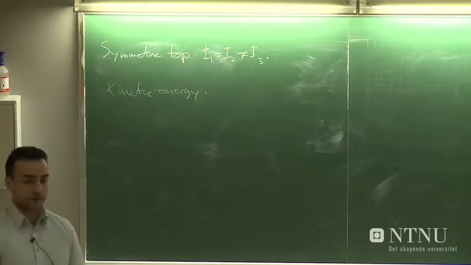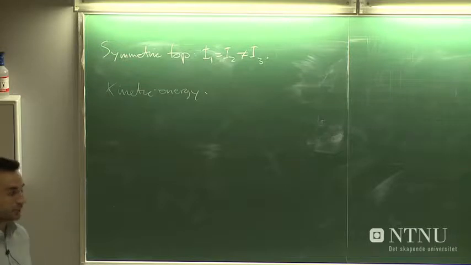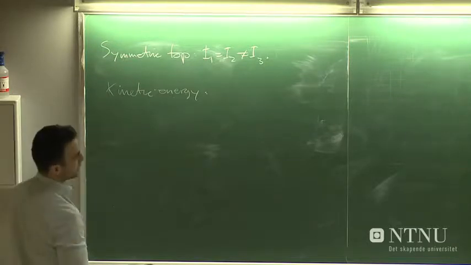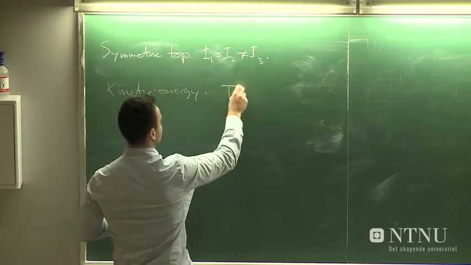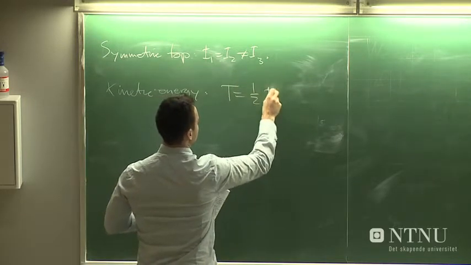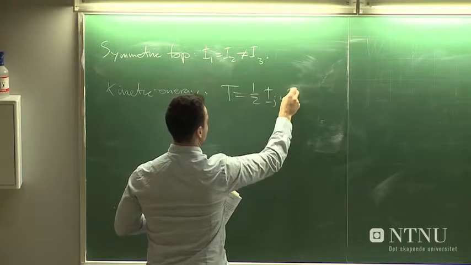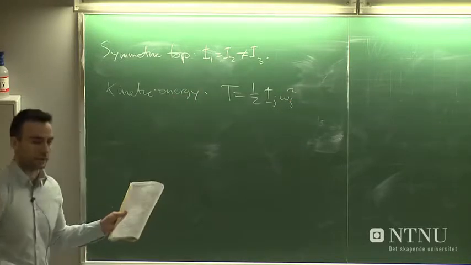Now, this coordinate system is very practical to work in, as we know, because the kinetic energy and also the angular momentum take a very simple form. Using some convention, it looks like that.